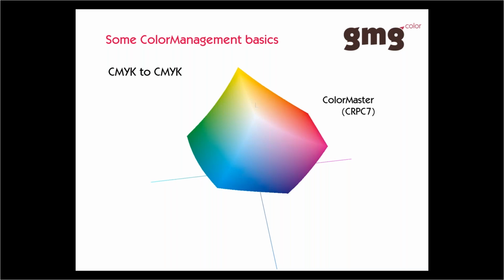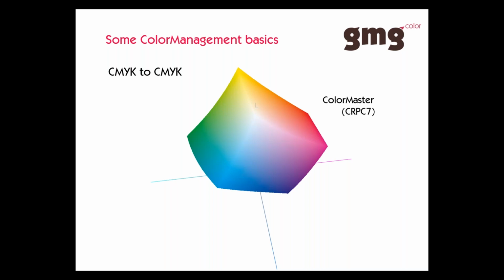In the US, they released a national standard last year or the year before. It's called CGATS 21. CGATS 21 describes several color spaces, and as the largest of them, they are also using our Color Master. The only difference is they call it CRPC 7. I have some more details about the CGATS 21 color spaces later on.